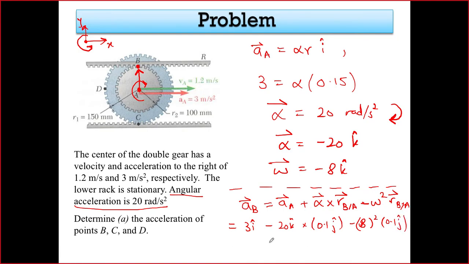So just solving this through, 20 times 0.1 should be 2, or k, that is an I, so this is 3i plus 2i, and then what is this? Minus 0.8 j. That is, the acceleration of B is 5i minus 0.8 j.